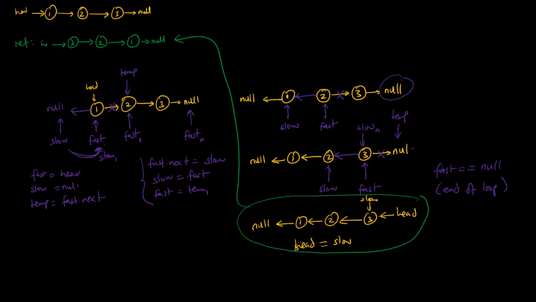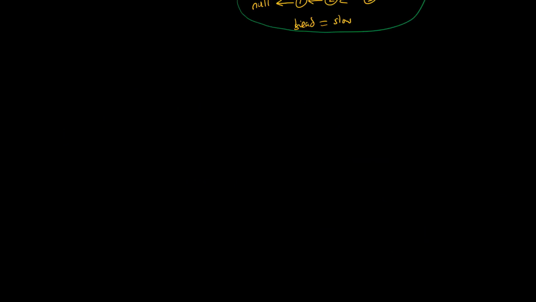So let's write the code real quick here. I'm going to use, as usual, JavaScript. So let's write function, call it reverse linked list. It just takes in the head of the linked list. That's all we need.